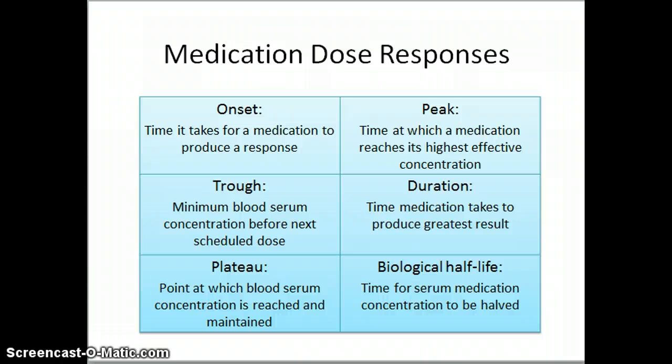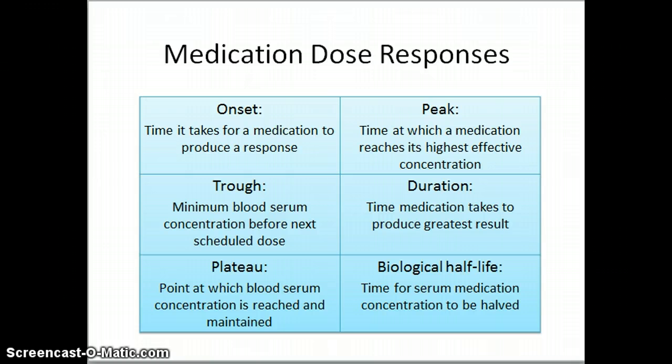And our last slide for this first set is looking at the onset, peak, trough, duration, plateau, and biological half-life. When we look at medications, we know IV administration enters the bloodstream and has a reaction on that body immediately. And so giving an IV medication is of higher risk, because once the medication is there, it's too late.